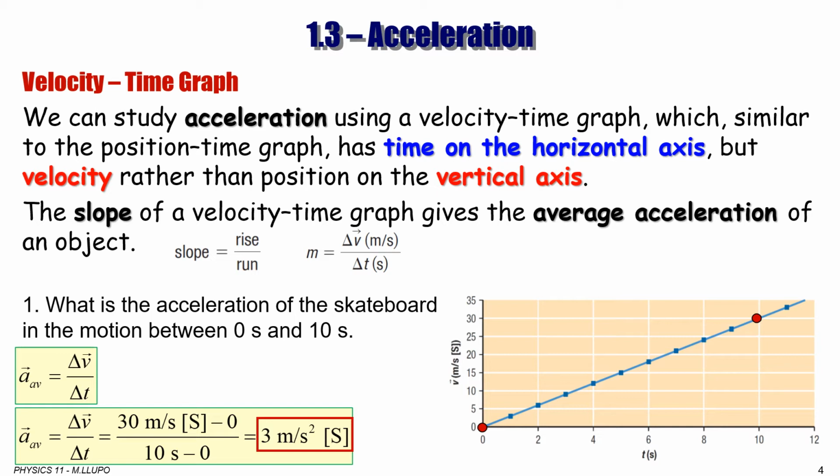This time, zeros do not make any difference, but you have to write it anyway, because next time those 2 points might not be 0 and will make a difference. So average acceleration for this example is 3 meters per second squared south.